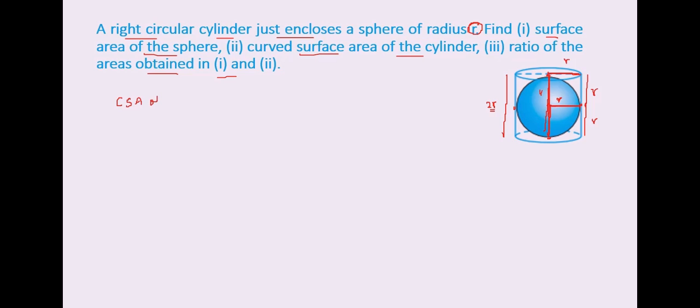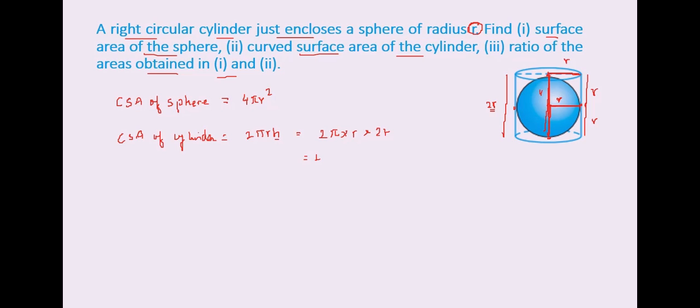CSA of sphere is how much? 4 pi r square, and since it is r, we keep the formula as it is. CSA of cylinder is how much? 2 pi r h, equal to 2 pi into r, and h is 2r.